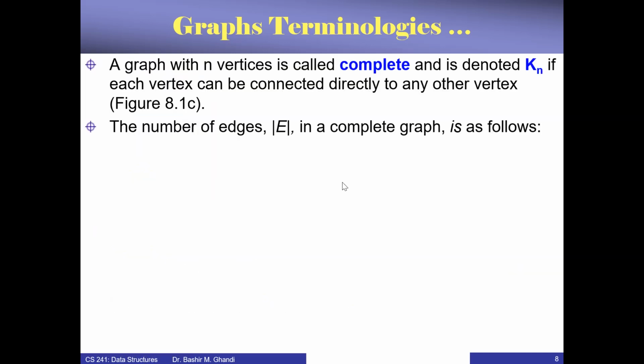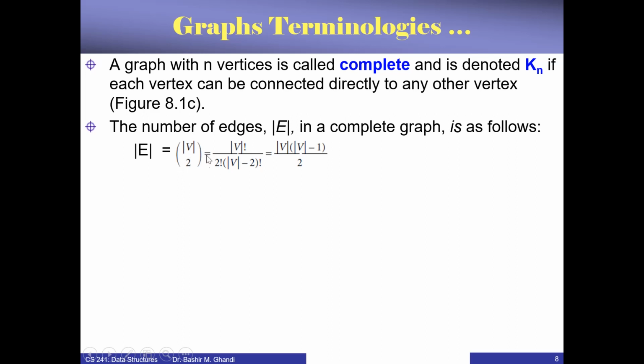Now there is a formula for finding the number of edges in a complete graph. A nice, interesting formula. So the number of edges, size of E, in a complete graph is defined as follows. E is a combination of the size of V, the number of vertices, and 2.